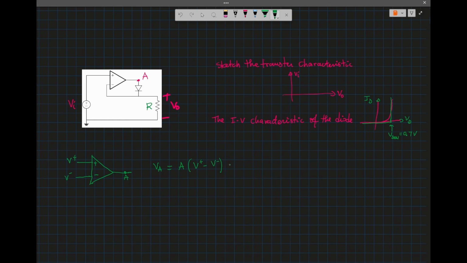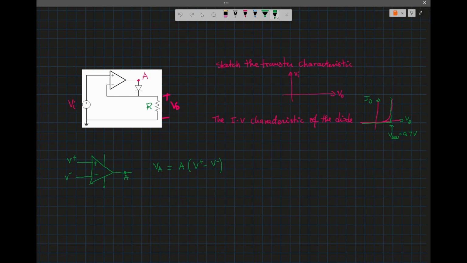Because this op-amp needs external power, the voltage VA cannot exceed the rail voltages. So this will saturate, right?